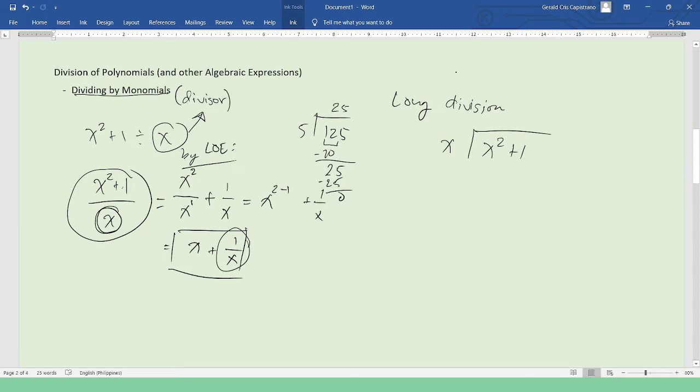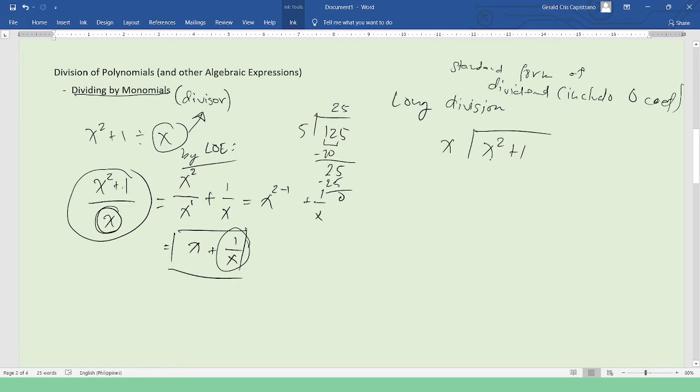Kailangan tayo, kumbaga, magkaroon ng tinatawag na parang standard form nung ating standard form of the dividend. By wherein we need to include zero coefficients. Okay? Ano yung sinasabi kong zero coefficients?